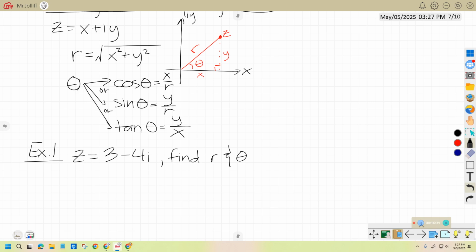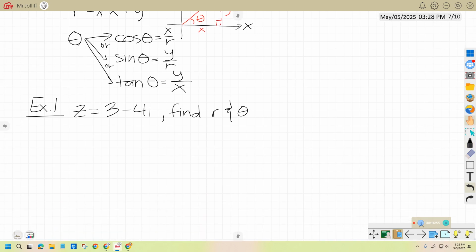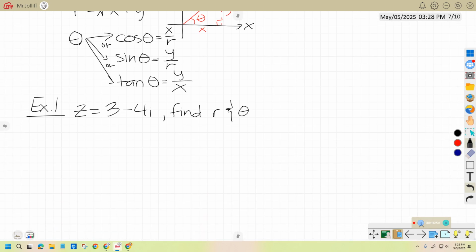All right, first example, we're given the complex number z equals 3 minus 4i. And I want to find r and theta, its modulus and its argument. My instinct is I'm going to quickly sketch what that point looks like in the coordinate plane, so I have a visual, because I know that's going to help me with interpreting my angle when I go to find that argument theta.